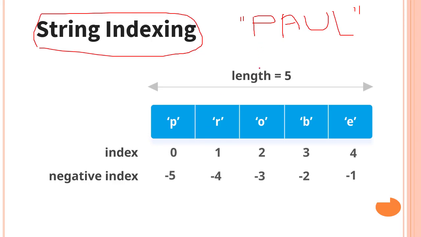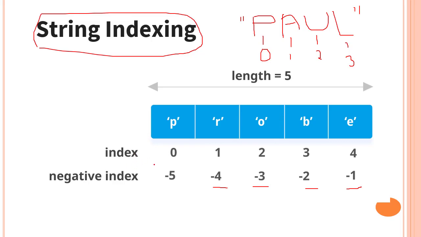The index starts from 0, that is P belongs to 0, A is then 1, U is again 2, and L is 3. If you want to move from the right-hand side, then we start from -1, -2, -3, -4.